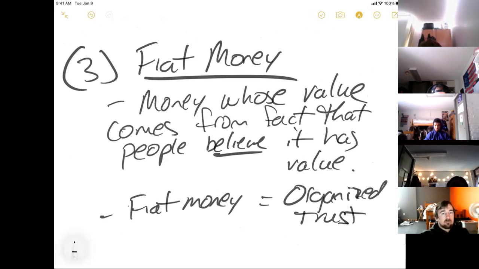Now, you might think, how in the world did we move to this kind of system? And yeah, it's a little strange when you think about it. I mean, some people find this very disconcerting, that their money has no real intrinsic value.